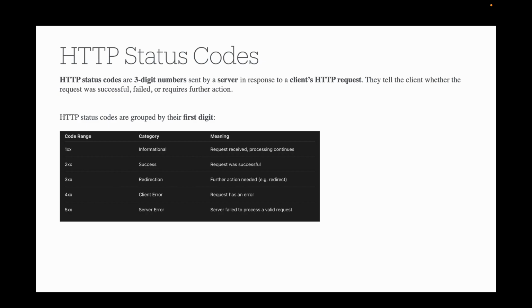That is, the request object that you have sent is all good, but there is some internal error in the server which is causing some issue, and that is why the server sent a 500 or 501 status code. So these status codes basically tell you whether your request was successful, failed, or there is some other action that is required.